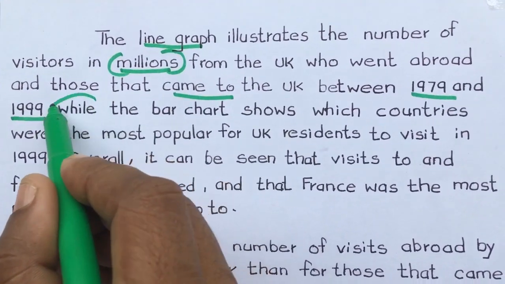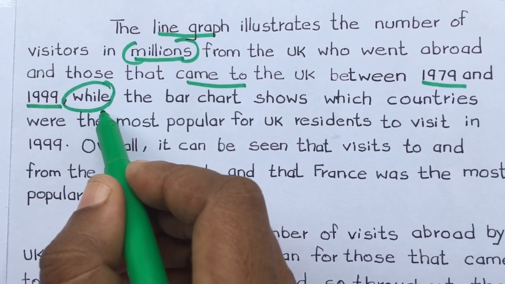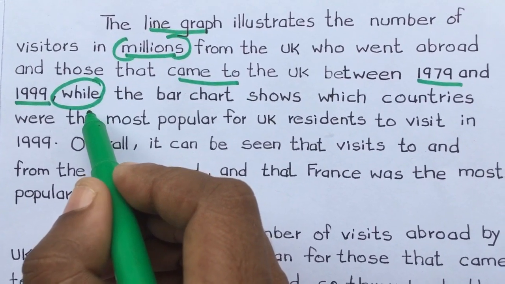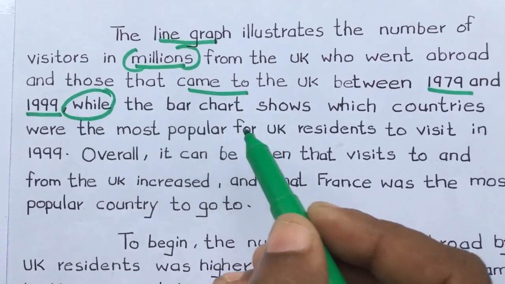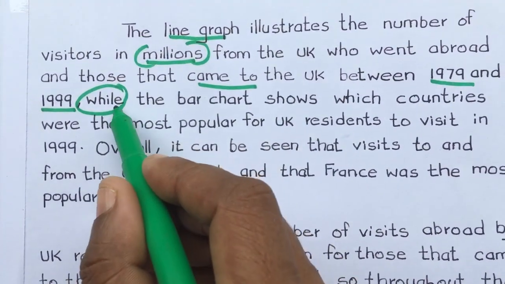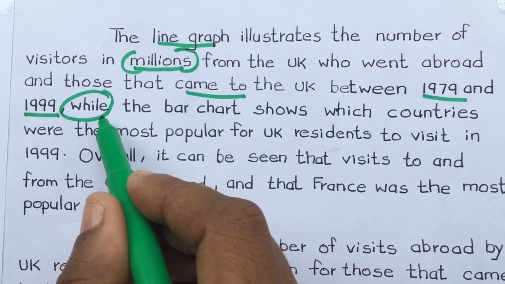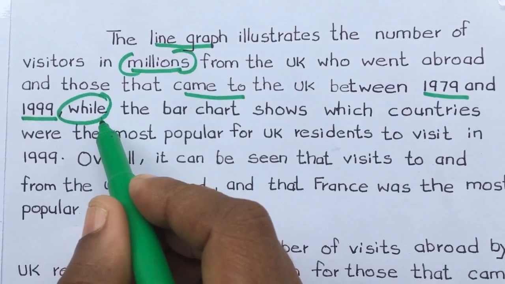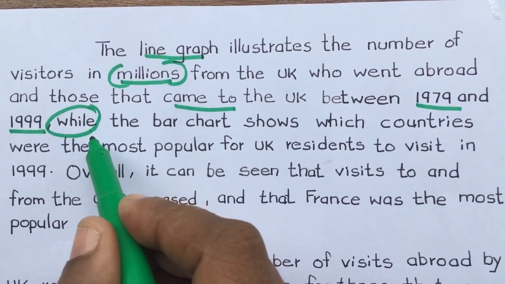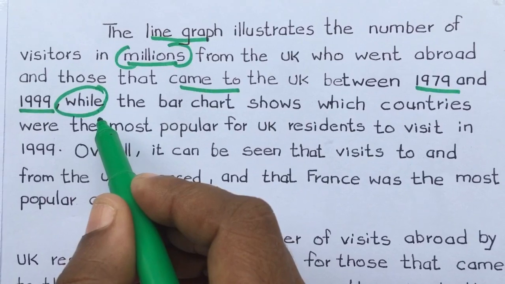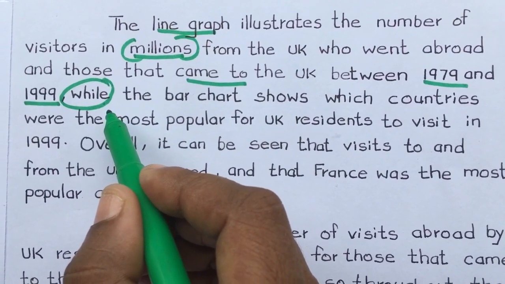And I used 'while' for comparison; you can use whereas, but, anything. Use what you prefer, but it is always best to use a connector here, otherwise you are going to lose marks, because they always ask about comparison and main features.